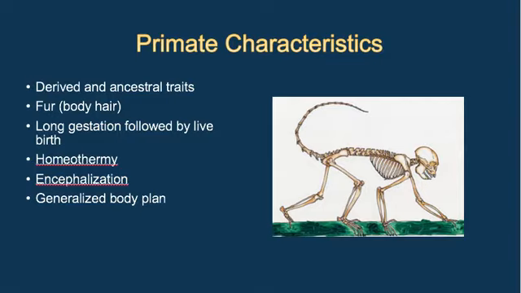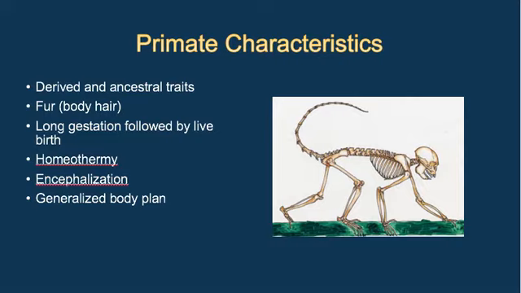Derived, on the other hand, is basically something that is more recently evolved. Usually we use this term in reference to characteristics that distinguish one type of animal from another. So if we were to give an example of a derived characteristic that primates have, well, we might say that they have opposable toes and thumbs, opposable big toes and thumbs.